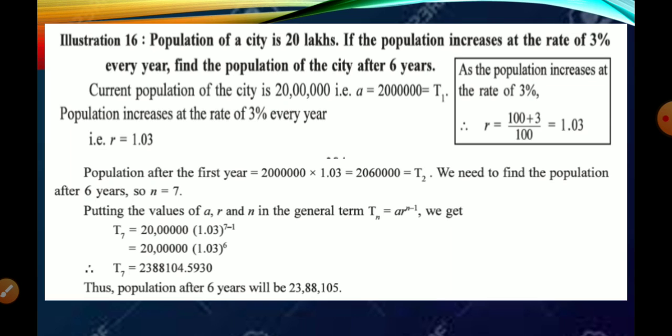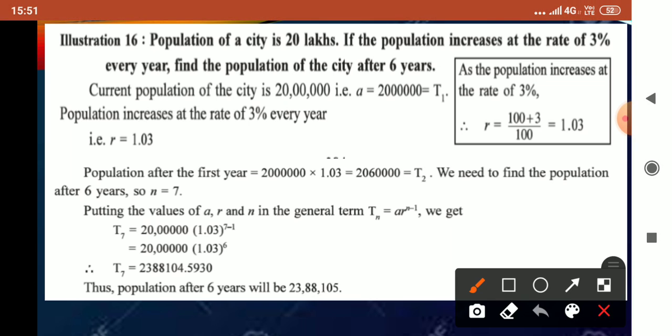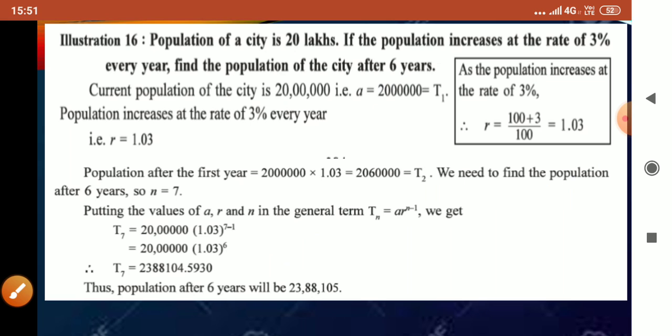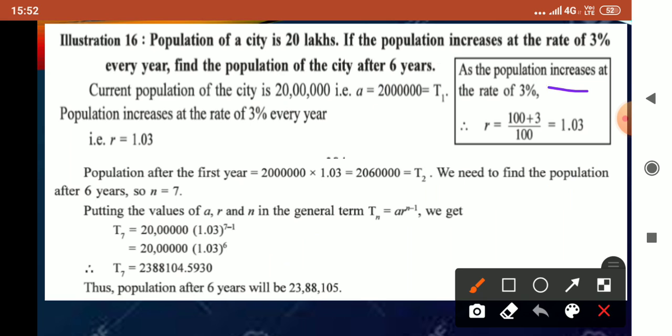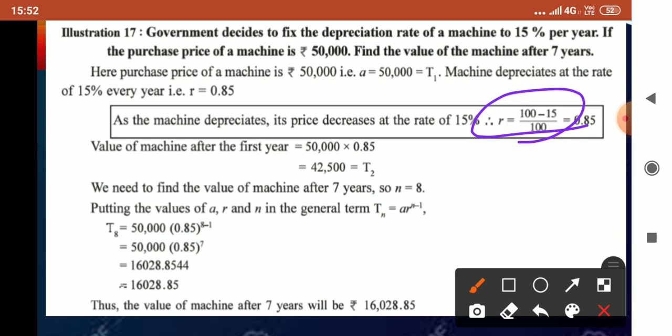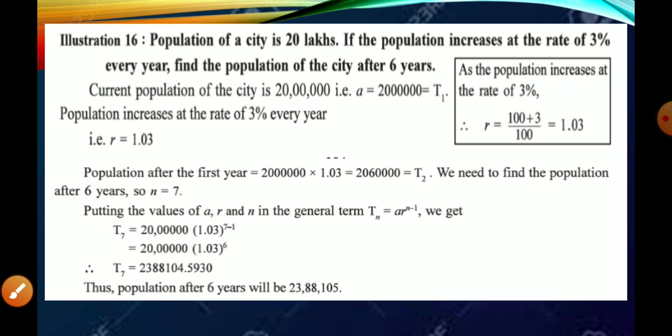Next, the population of a city is 20 lakh. So in the initial year the population was 20 lakh. So my A will be 20 lakh. Every year the population increases. You have to use this formula: if it is increased, then 100 plus r upon 100, and if it is decreased, then 100 minus r upon 100, as we have done. 100 plus r upon 100 is equal to 1.03.